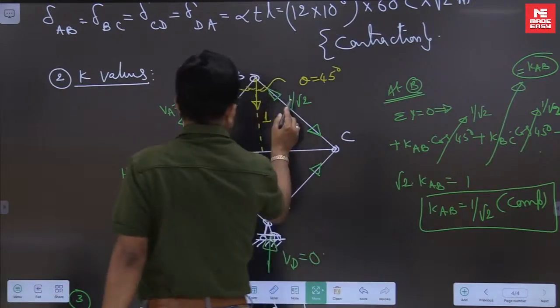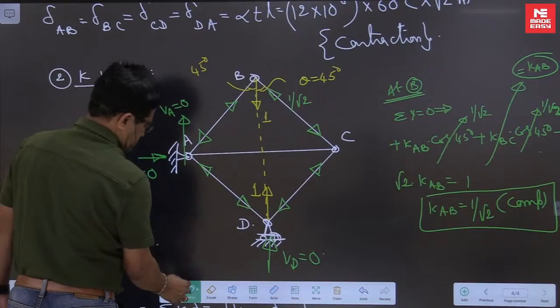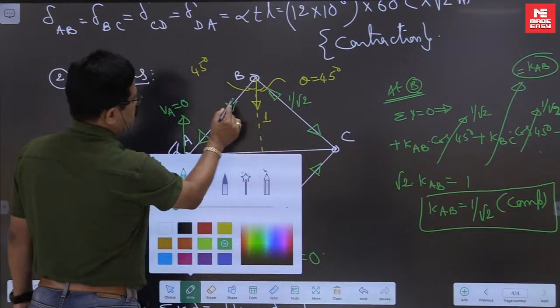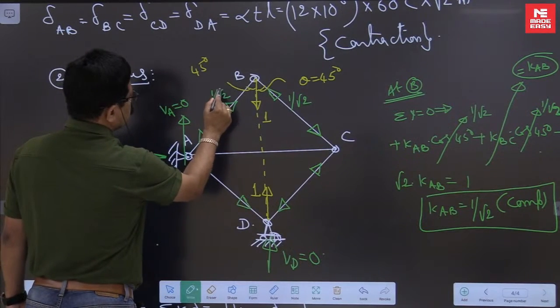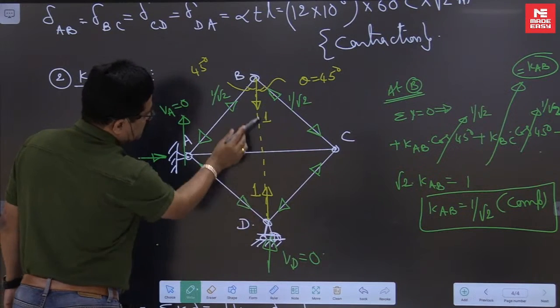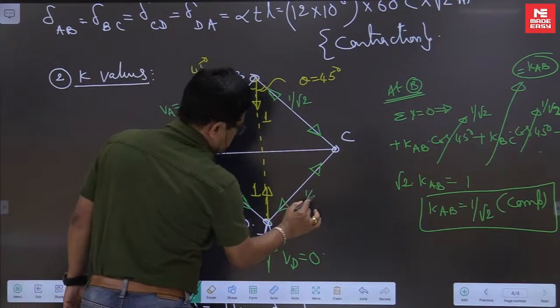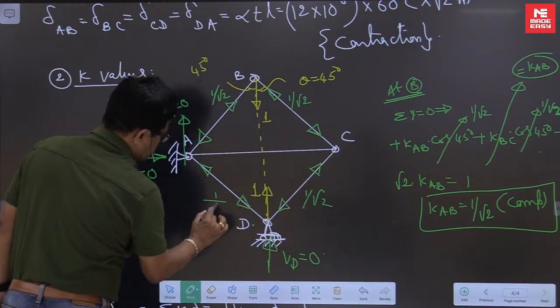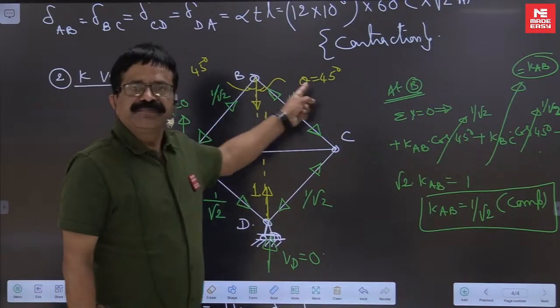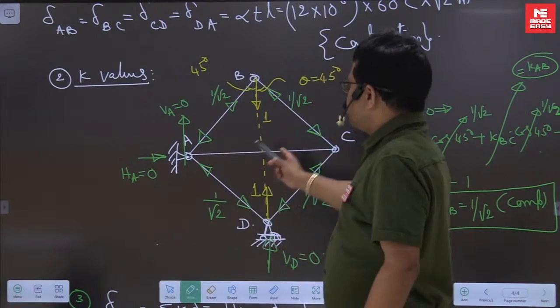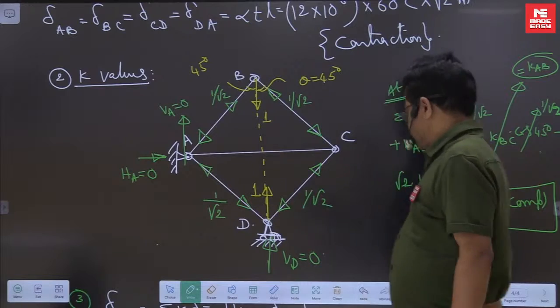See here, root 2 we have written. Because of symmetry, this has to be 1 by root 2. Here also, same configuration, so 1 by root 2, 1 by root 2. So 4 members' forces are same, and 4 members' delta values are same.